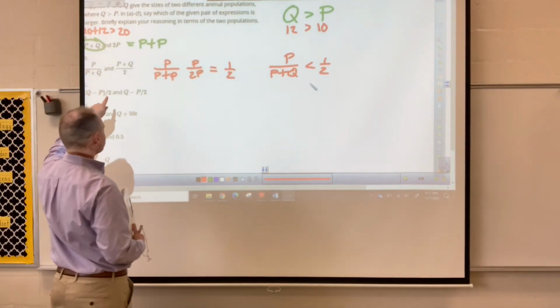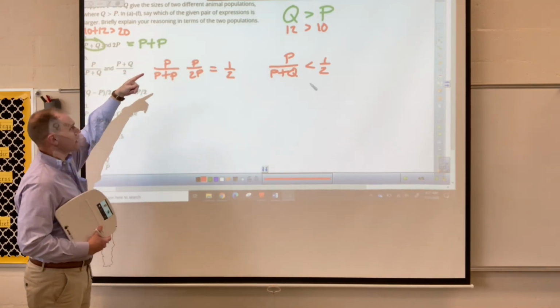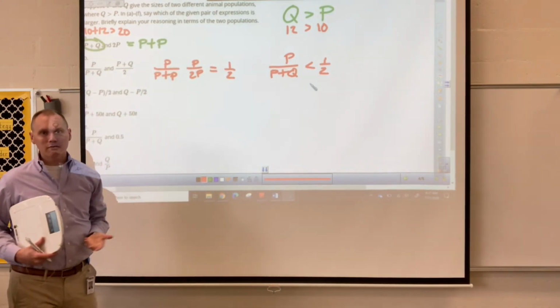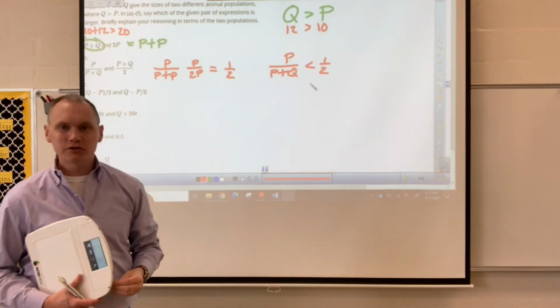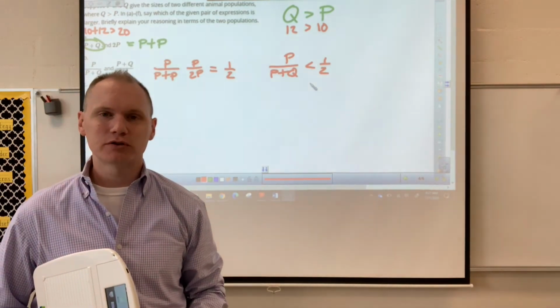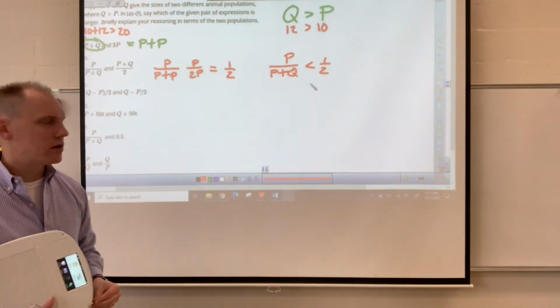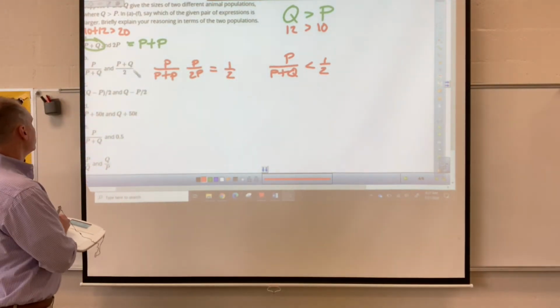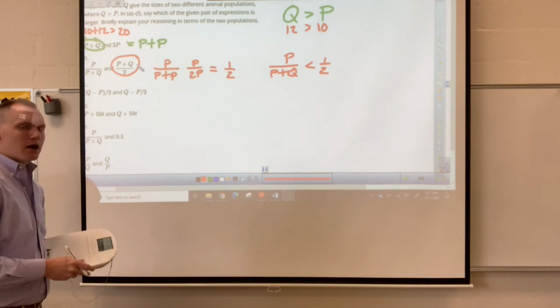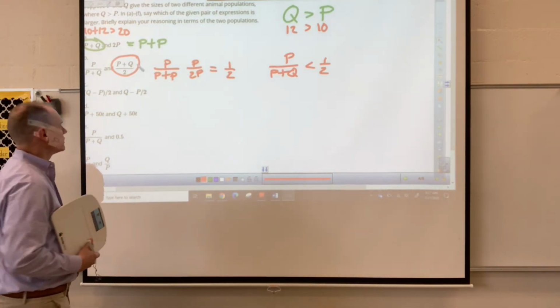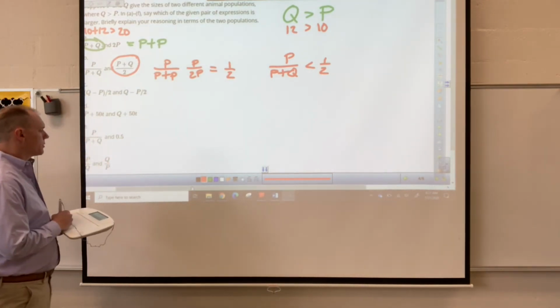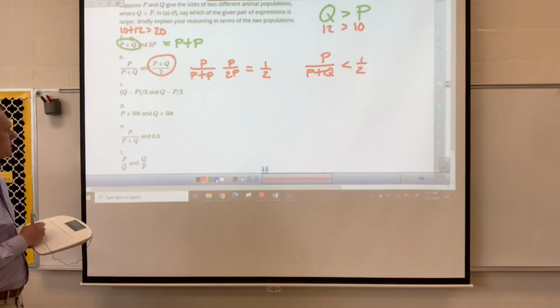And since we're talking about animal populations, you're going to have an integer value. So if the populations are 1 and 1, this average is still going to be 1. So it's always going to be greater than 1/2. And so this one is going to be greater than that one. I know that's a little tricky to figure out. Hopefully you're able to go with me through that process.